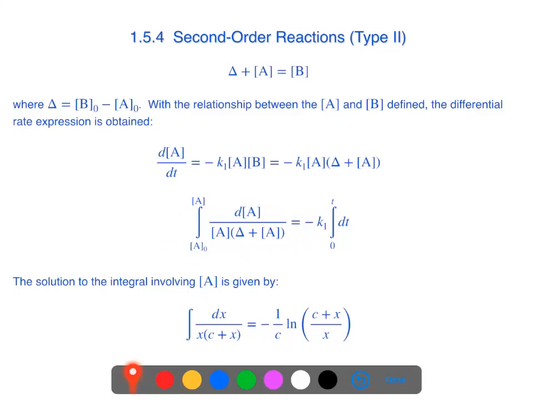Now, this integral also has a solvable solution, and it takes on the form the integral of dx over x times (c plus x). And the solution to this, a little bit more complex than what we've seen previously, is minus 1 over a constant times ln of (c plus x) over x.